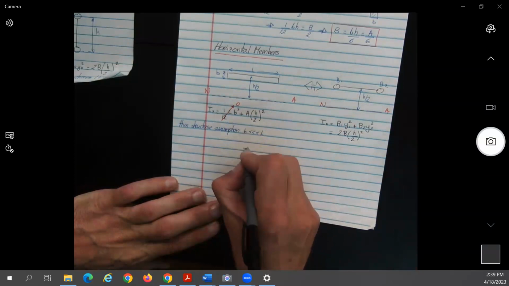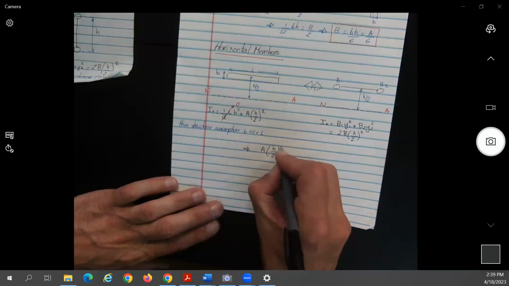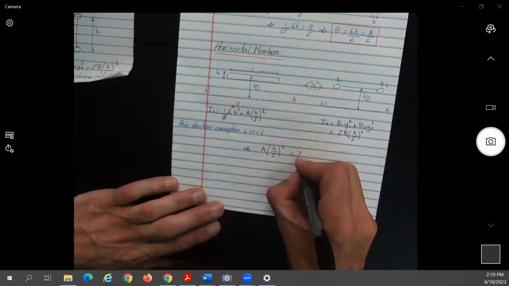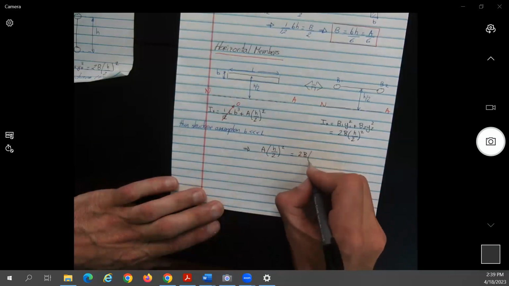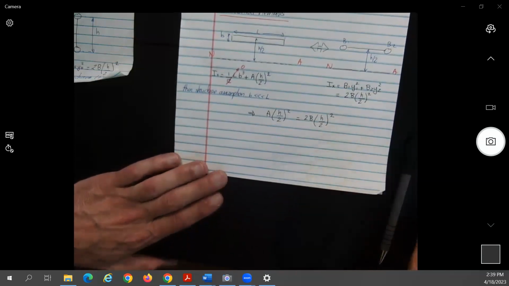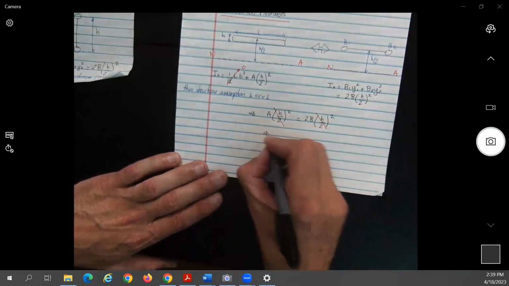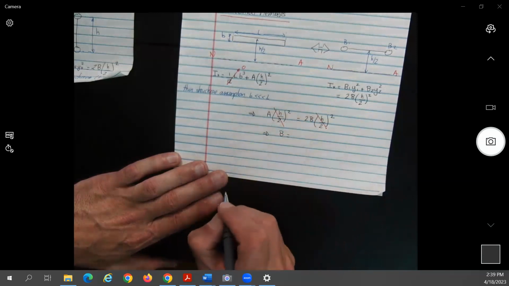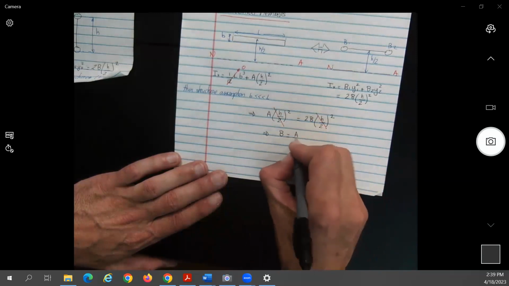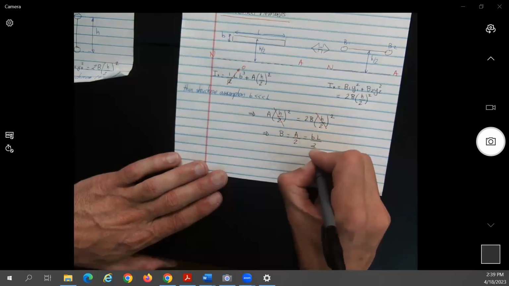All right, so if I do the two expressions, what do I get? A times H over 2 squared will be equal to what? 2B times H over 2 squared. So if I do the mathematics here, we find that the equivalent boom area that will represent this should be equal to A divided by 2, or B times L divided by 2.